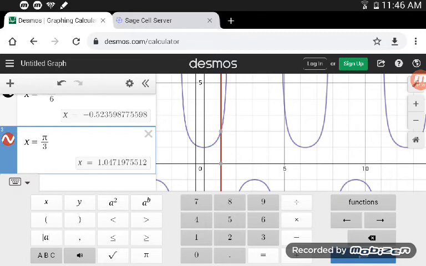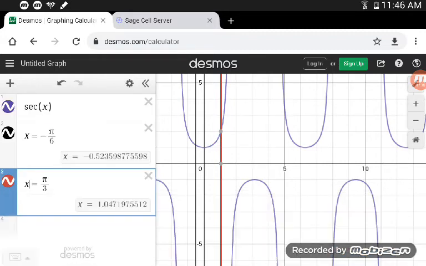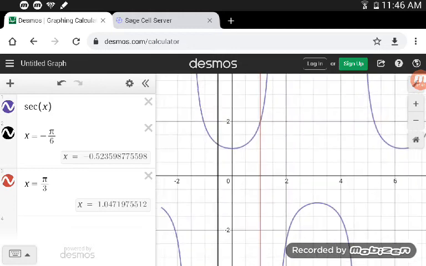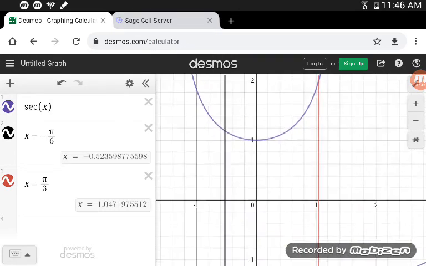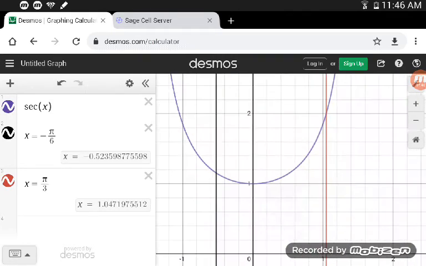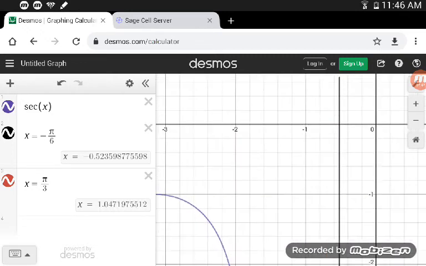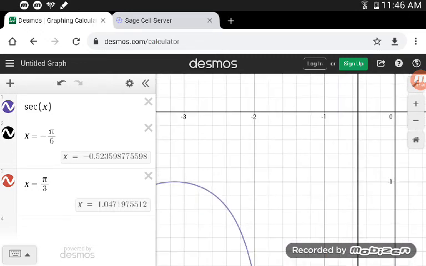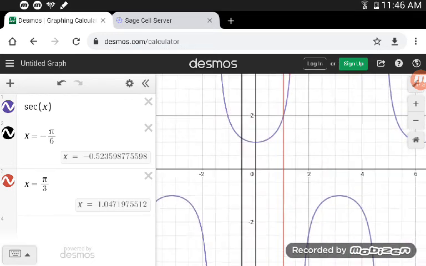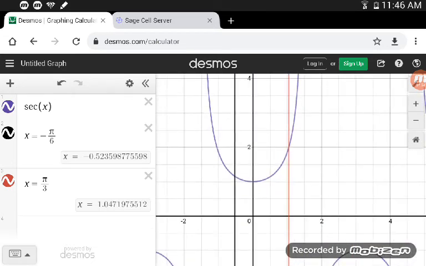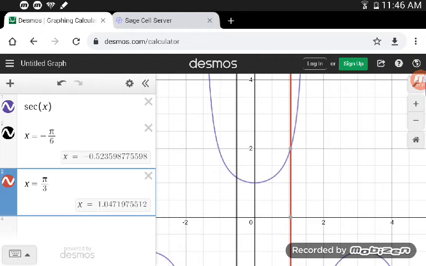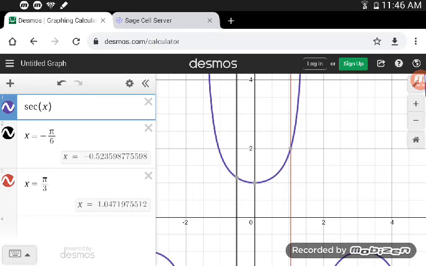And so as I look at that, I'm in between those two vertical lines. And sure enough, there is my maximum, and that was at pi over 3, and my minimum is down here at x equals 0. Try that again.